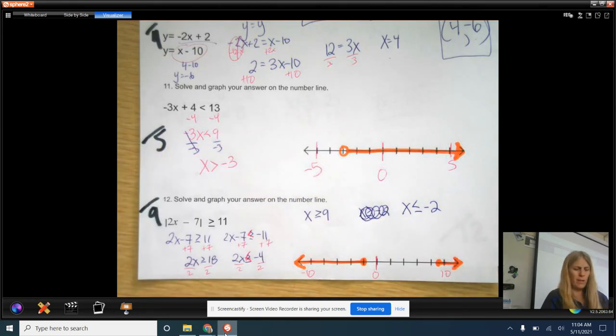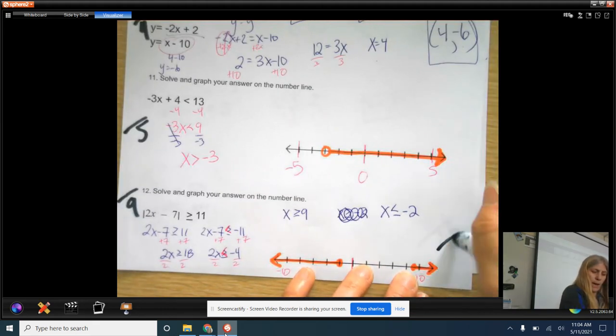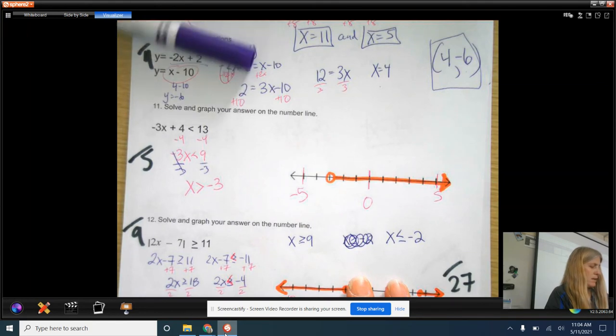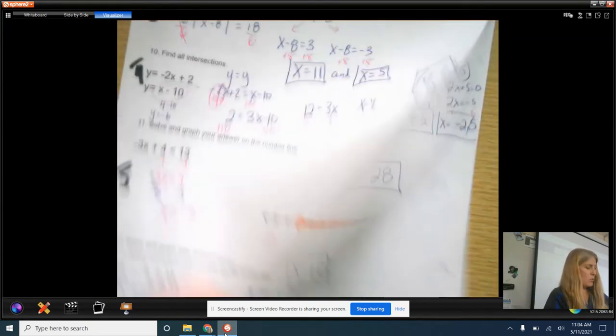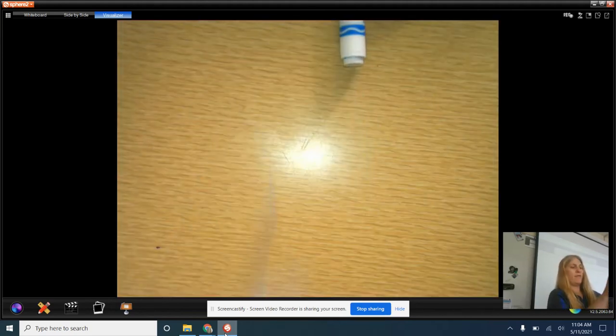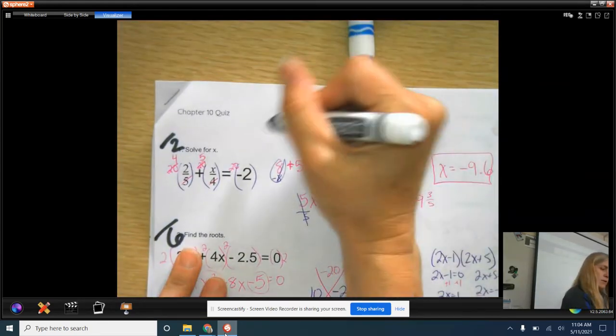A lot going on there, but a lot of them are easy points. So we have for you 9, 18, and 9 more, 27 on the back. And so we have our 27 and our 12 and our 12. And that is going to be a test out of 51 points in total.